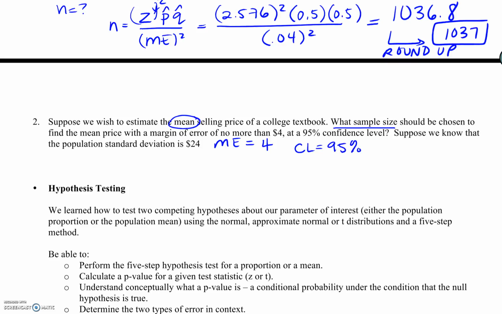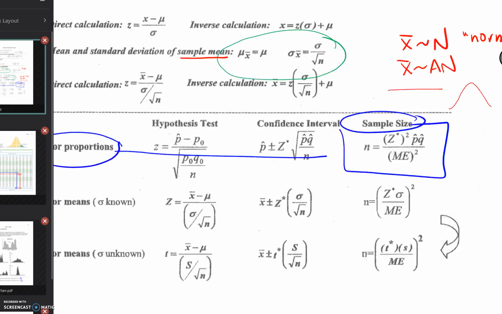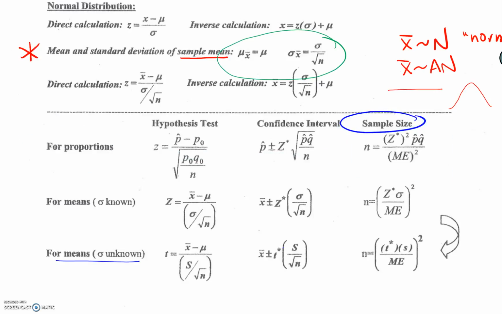Now, if you have an S here on the formula sheet, let's just look really quick. If you were doing a sample size for a mean and you don't have the standard deviation, that's when you have to do this crazy formula and do the 2 steps. Like I said in class, I am not going to make you do a 2-step calculation because stats people can't even agree on when we should do it, when we should not.